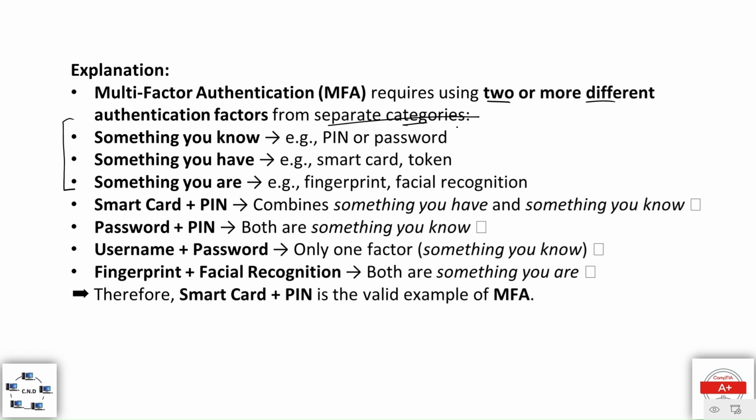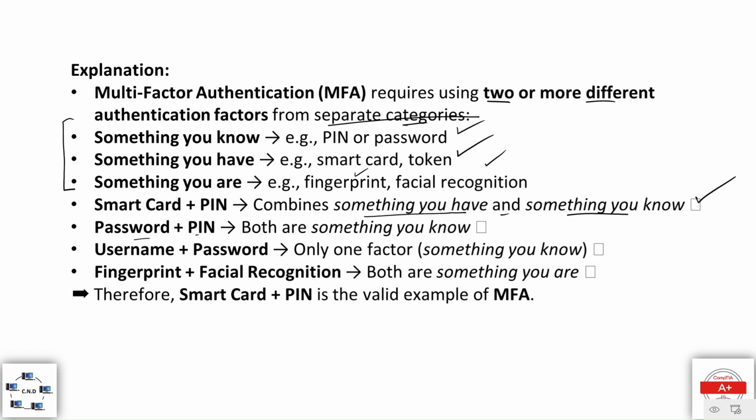Something you know, such as PIN or password, something you have, for example smart card or token, and something you are, such as fingerprint, facial recognition. So smart card plus PIN combines something you have, which is the smart card, plus something you know, which is the PIN. So that's why this is two-factor or multi-factor authentication.